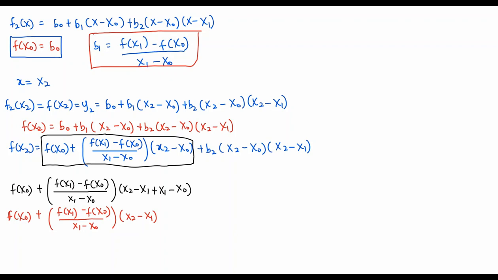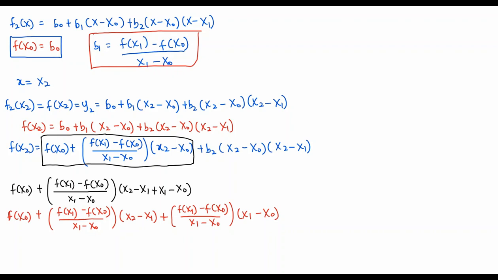This is what you are going to have, plus f of x1 minus f of x0, divided by x1 minus x0, and this will also multiply x1 minus x0 here.